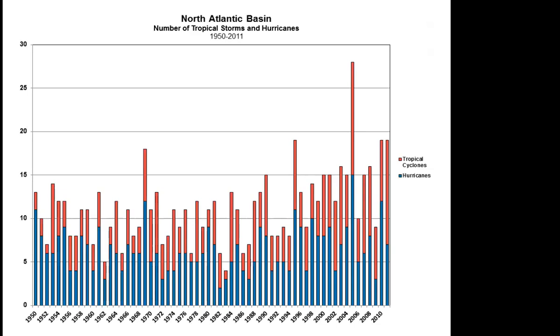This is just showing us a graph of the number of tropical storms and hurricanes. Okay, the hurricanes are blue and the tropical cyclones are the red. And this was from 1950 to 2011. So where do you see some differences?